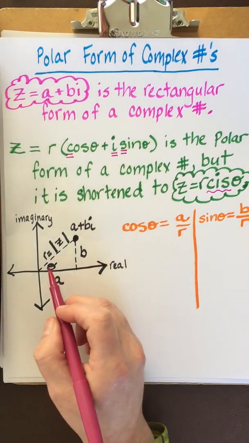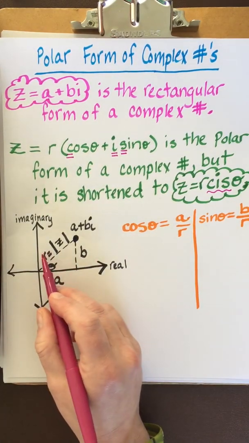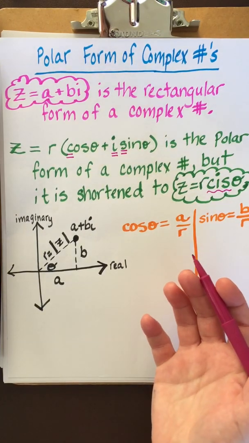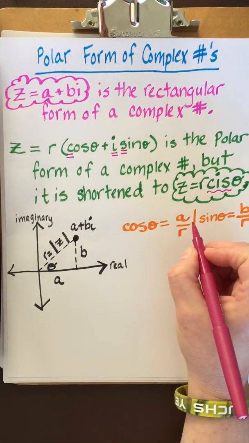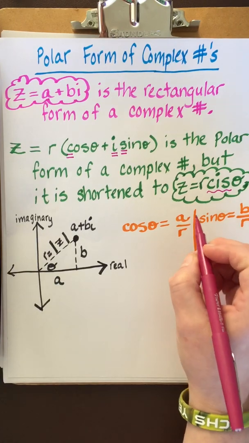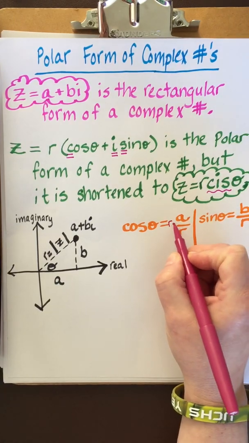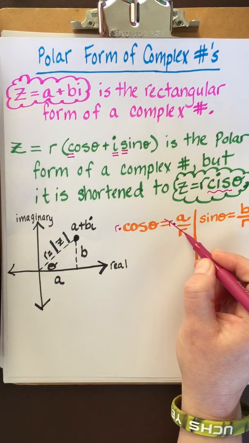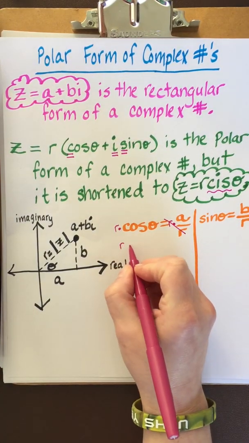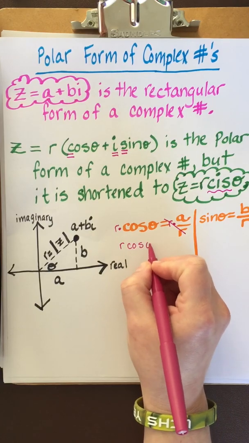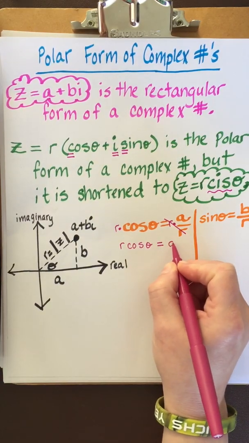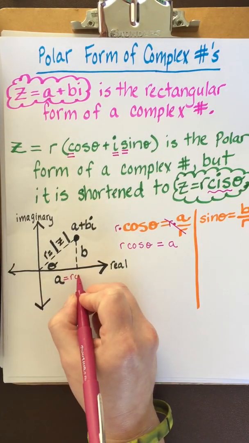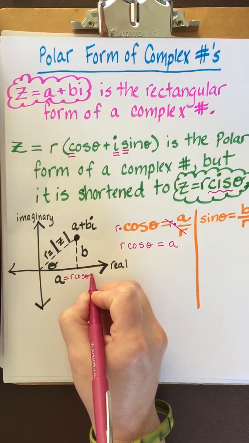So the cosine of theta would be adjacent over hypotenuse, which is a over r. And if I wanted to get the a on a side by itself, I would multiply both sides by r. So I'm going to multiply by r over here and r over here. These r's would cancel out, and I would get r times the cosine of theta is equal to a. So I'm going to come down here. a is the same thing as r times the cosine of theta.